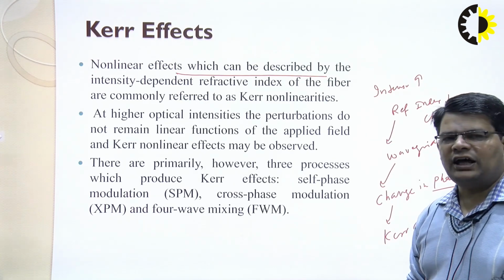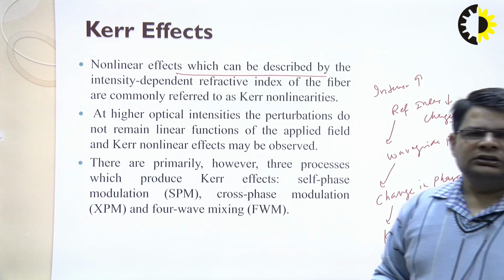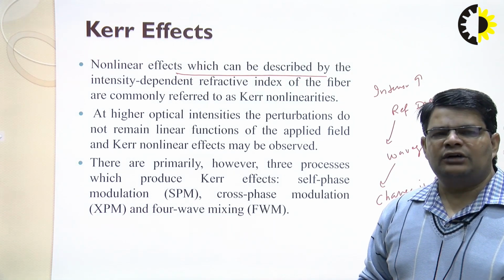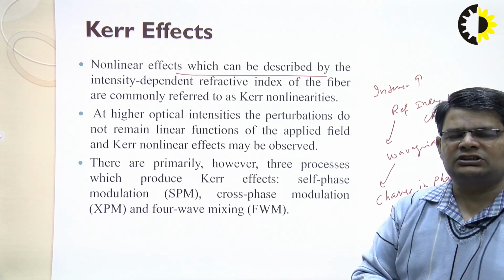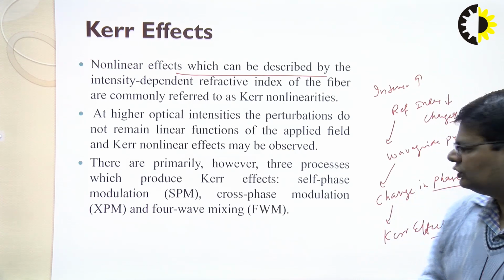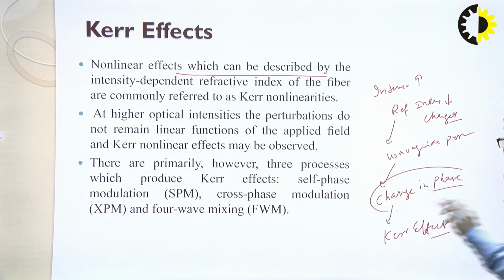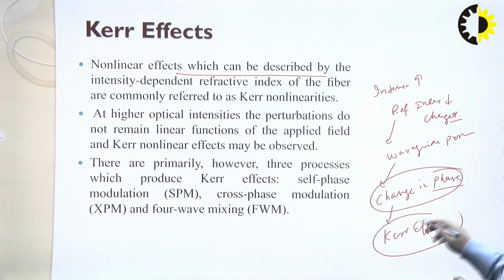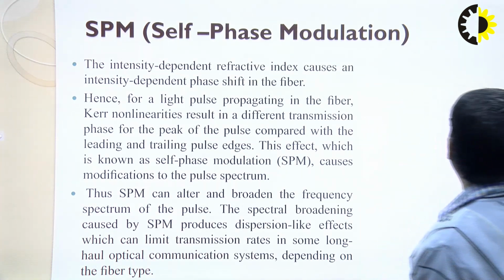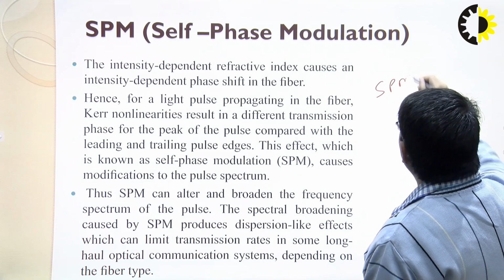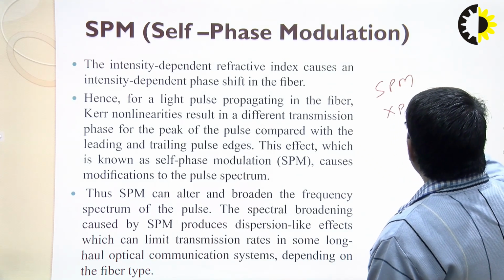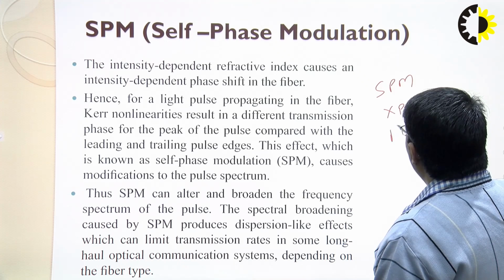Basically, in the case of the Kerr effect, the refractive index of the fiber becomes intensity dependent, and this changing refractive index can cause a change in the phase of the signal, and this is termed the Kerr effect. This Kerr effect can be of three types: SPM, XPM and FWM.